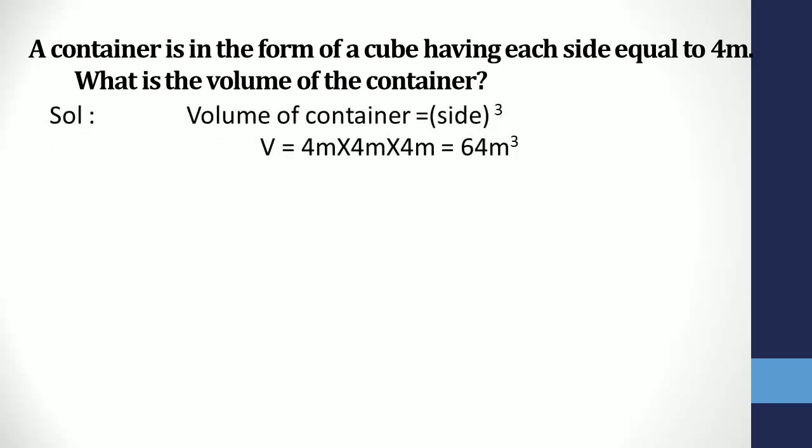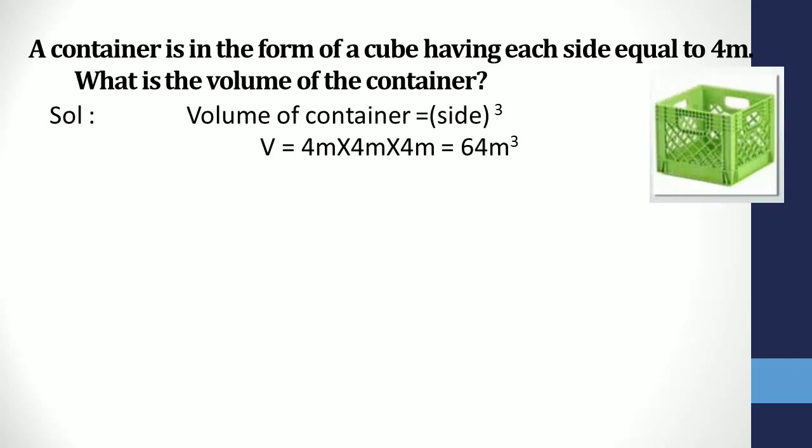In the solution we will take one bucket in the form of a cube in place of the container, which has a side equal to 4 meter. As we know, the volume of the container will be length into length into length, or side into side into side, or side to the power 3, because it is in the shape of a cube.